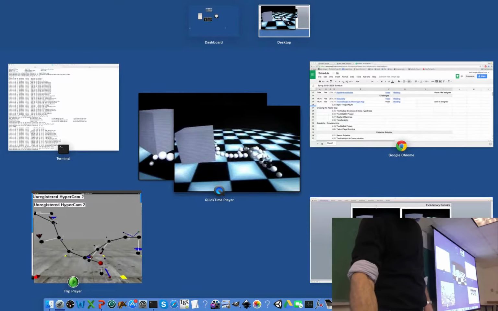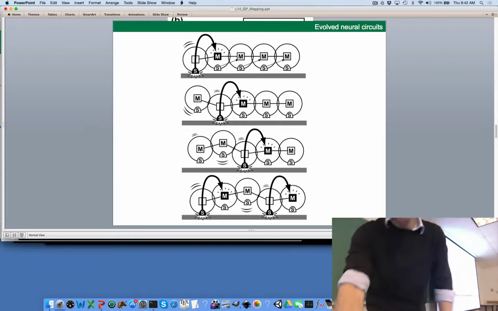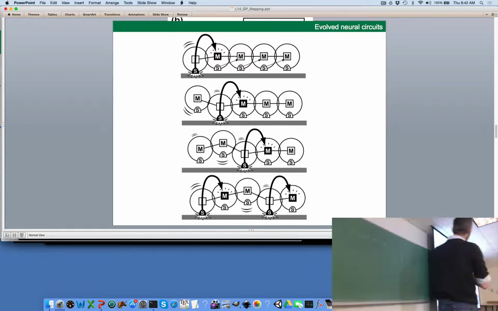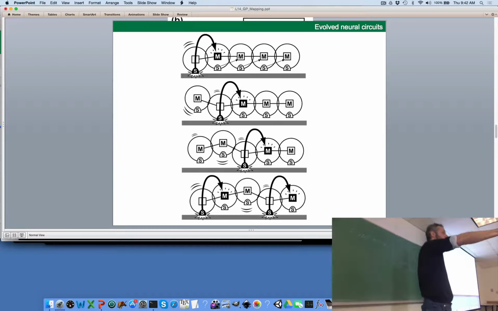We only have a few minutes left, so let's just set aside the genotype to phenotype map for a moment. We'll talk about why this mapping is useful for us as evolutionary roboticists when we come back after the break. Let's finish with this. So where did this peristaltic motion come from in the first place? This is a cartoon of the front appendage of both the ancestor and the descendant.